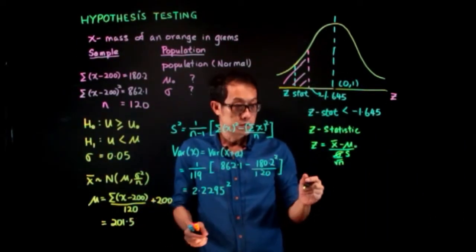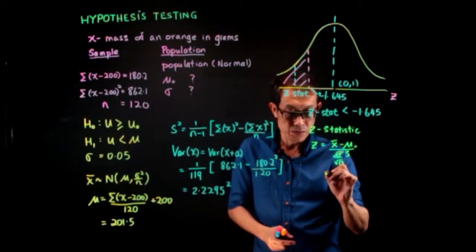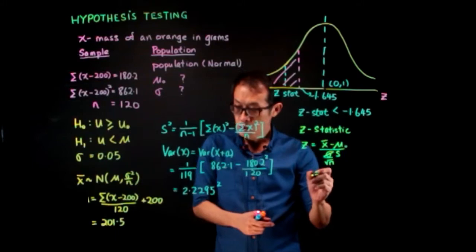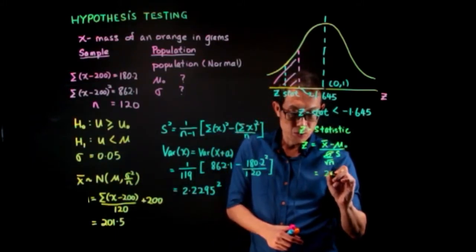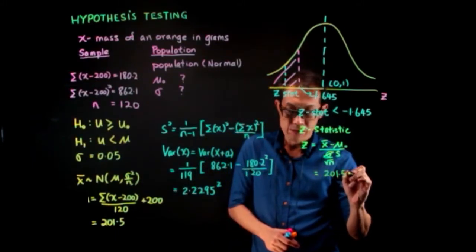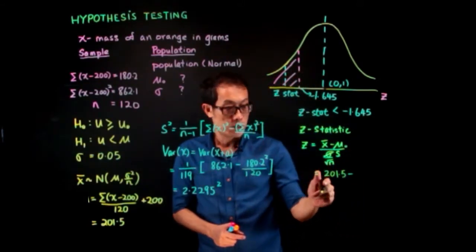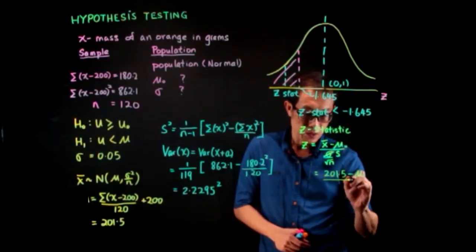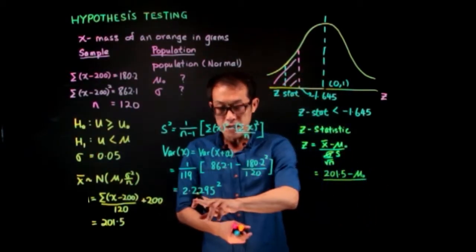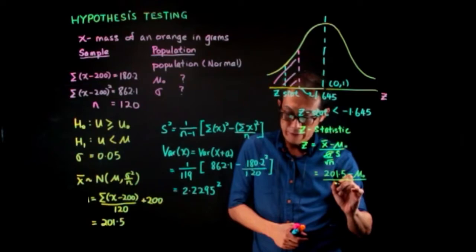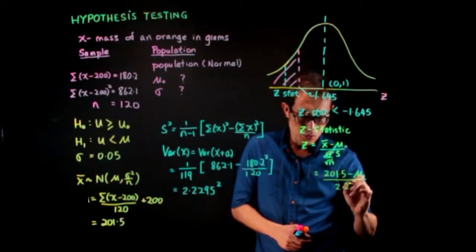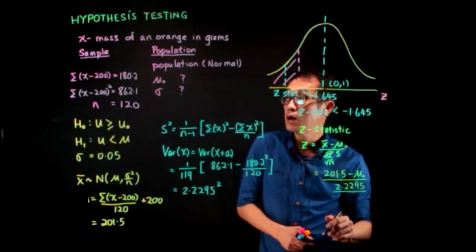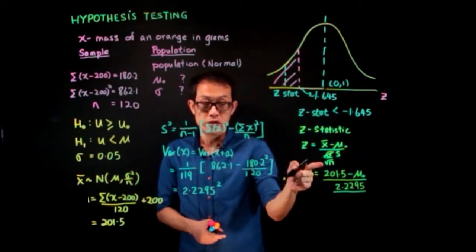Okay, substitute the relevant values. Now your x bar is 201.5, so this will be 201.5 minus mu naught, which is the one that we want to determine, over s, which is 2.2295, over square root of n.